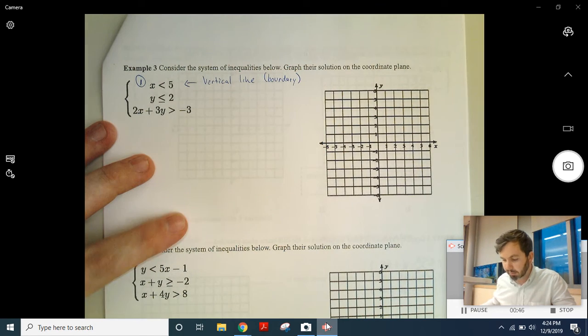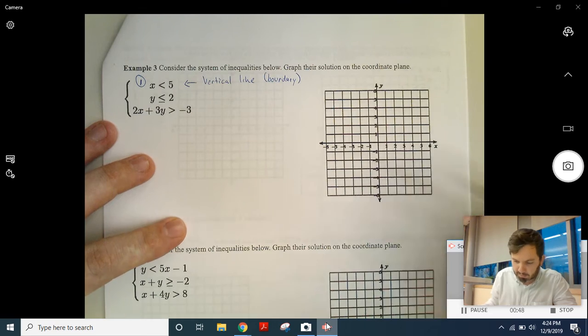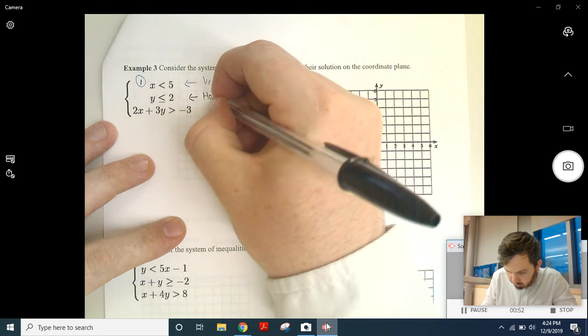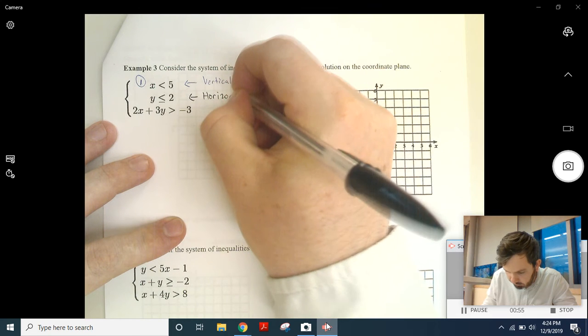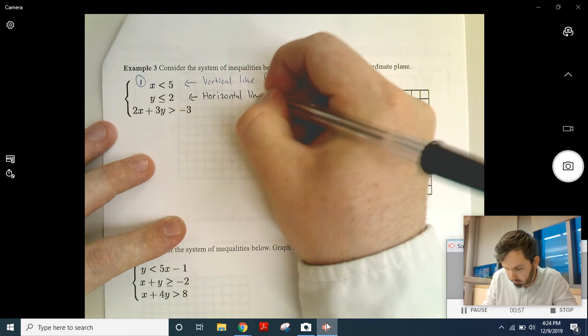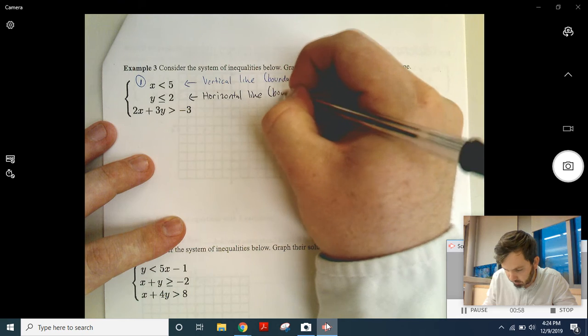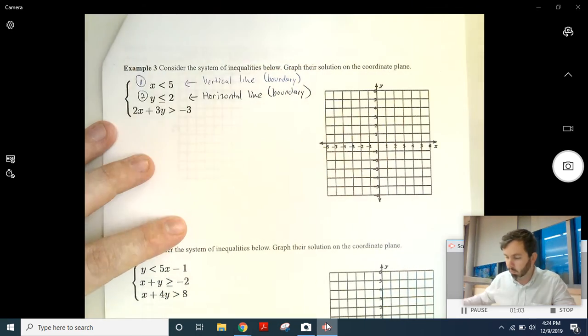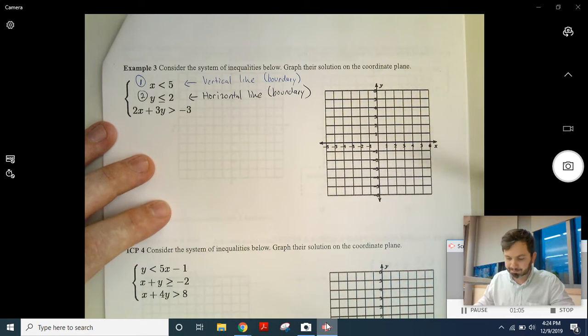And also when we have y equals a number, this is going to be a horizontal line, and we're thinking about this as our boundary. This is just going to help me when I'm actually graphing these.